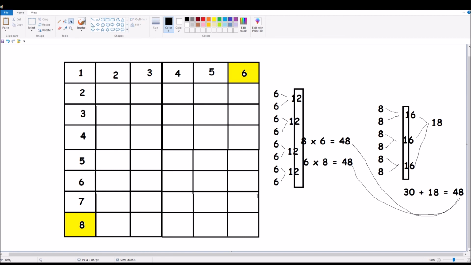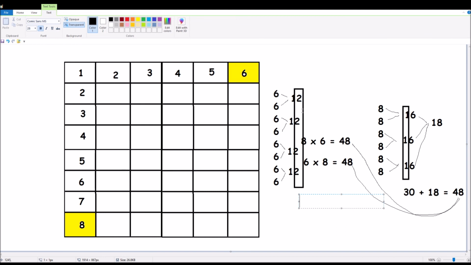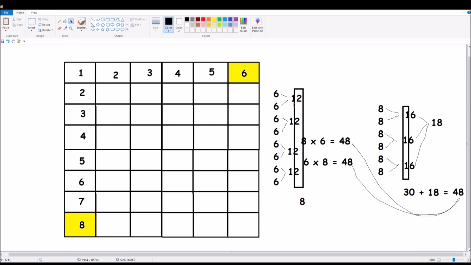And our 2s add up. Let's see, 2, 4, 6, 8. So our 2s add up to 8. Well, so far we're on the right track. You see that the 8 is the ending number for our answer, so that's correct. And then let's add up our 10s. Let me make another color for my next box, yellow.